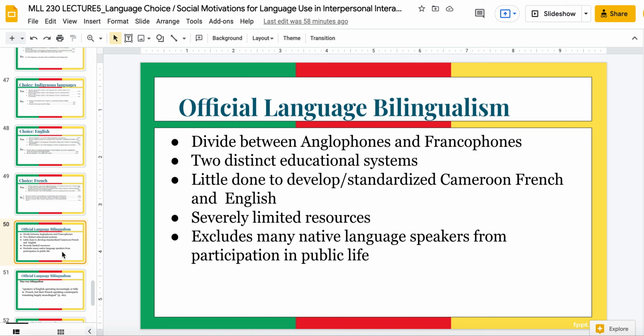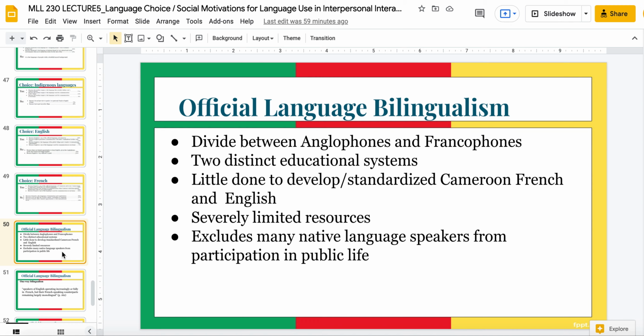It's like they have two distinct education systems. There's also little done to develop standardized Cameroon French and English. They have severely limited resources. Like in the survey, they talked about opportunity. Some people don't have the opportunity to learn English in their schools or French in their schools.